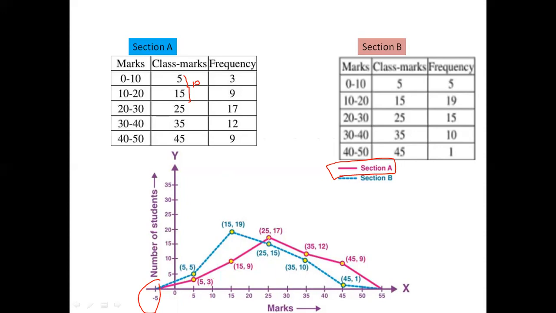Then 25 and 17, 35 and 15 and 45 and 9. Then the blue is for section B. So again I go here, 5 and 5. Then 15 and 19. Then 25 and 15, 35 and 10, 45 and 1. So with this I am very easily able to understand the given data.